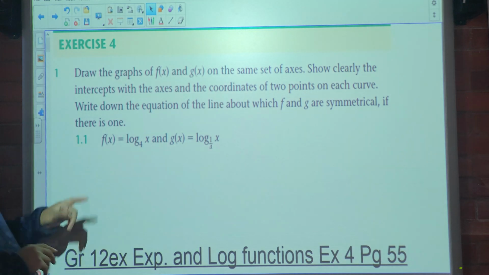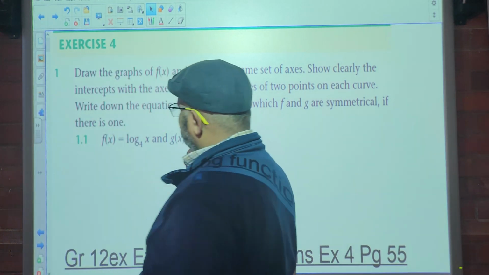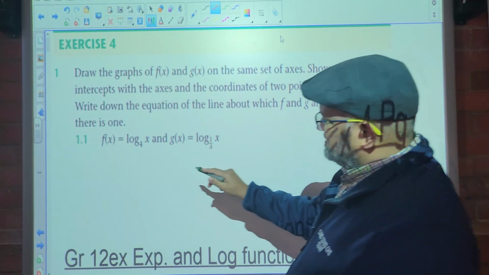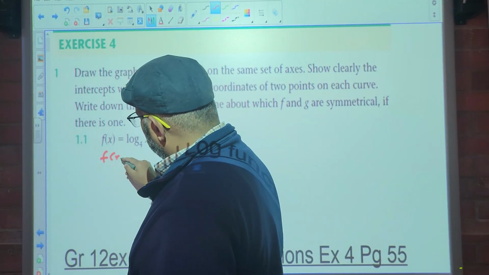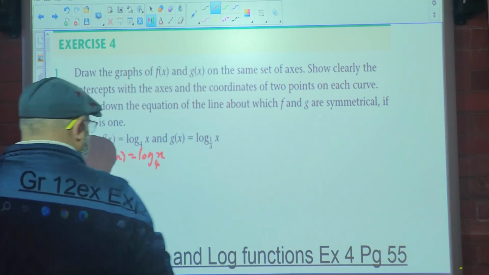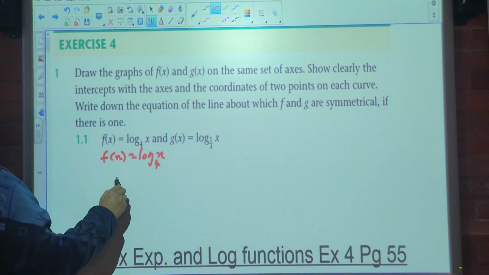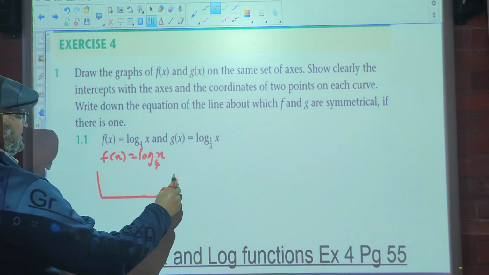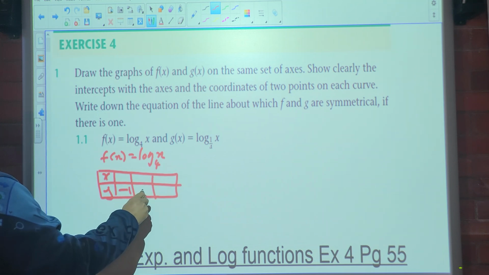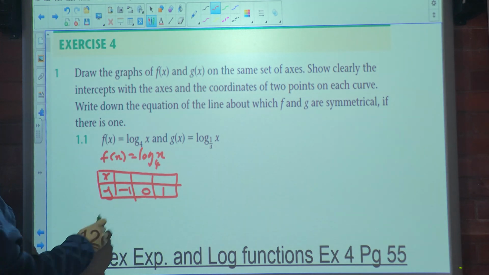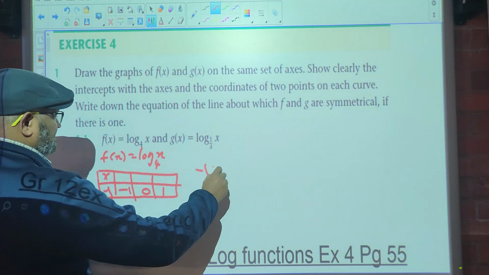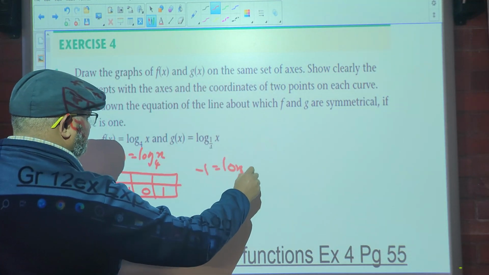So we're going to draw the first graph, log x base 4. The f of x, which is log x base 4, I'm going to use red for that. So this we said is going to go with x and y. Negative 1, 0 and 1. So negative 1 is equal to log x base 4.